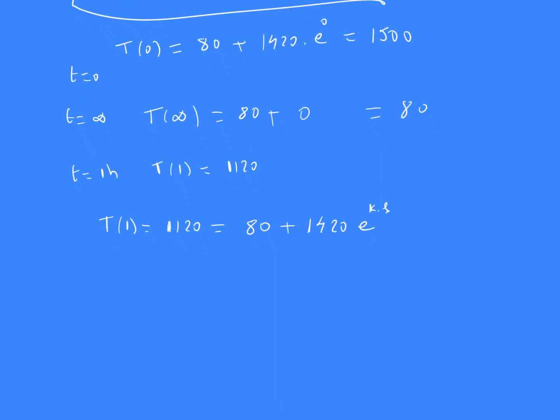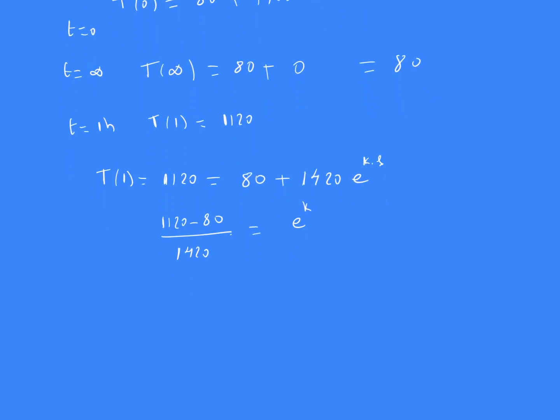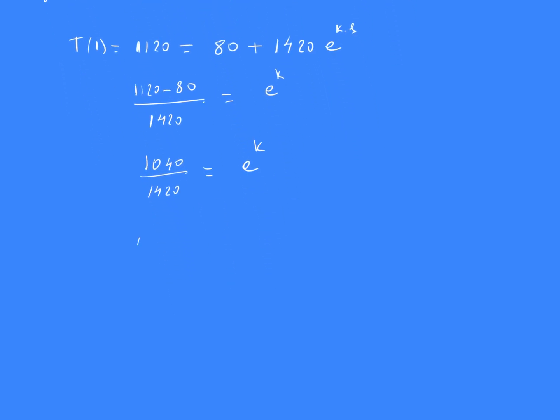Well, easy. 1120 minus 80, divided by 1420, will be e to the k. So this will be 1040 divided by 1420 equals e to the k. So taking the natural log on both sides, the natural log of 1040 divided by 1420 is the k.